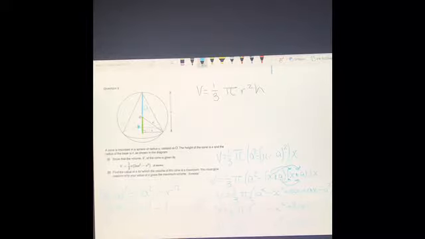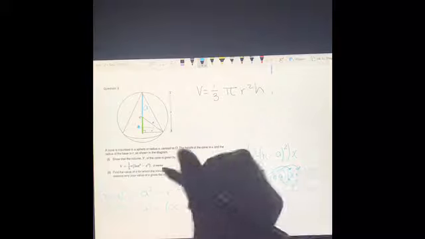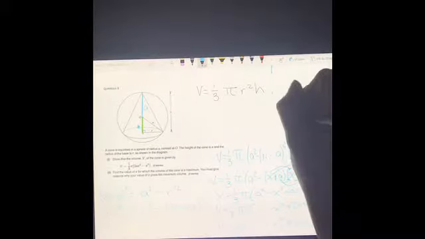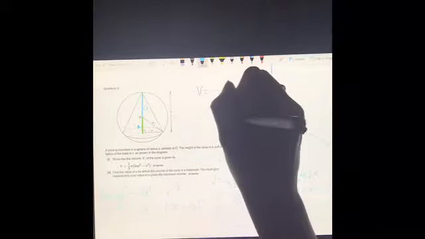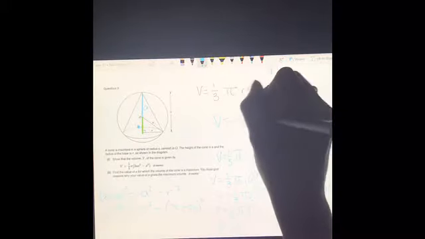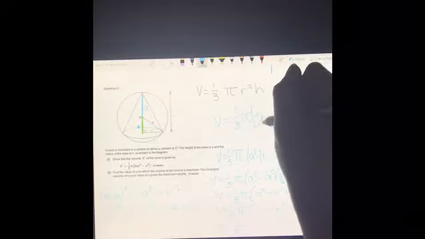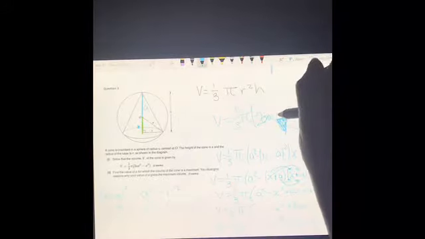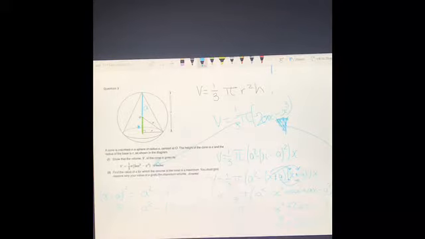And then we have what we have up here. So just rewrite it up here as V equals 1/3 pi 2ax minus x cubed. And there you have what this is.